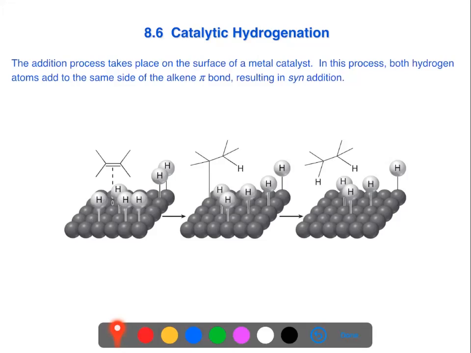But I wanted to give you a sense, using this image, of what's happening at the nanoscale. In addition, it's important to think about these reactions in this way because it helps to describe why we see syn addition. Both of these new covalent bonds are formed from the same face, or same side, of that original alkene. So we observe syn addition in the products that are formed from catalytic hydrogenation.